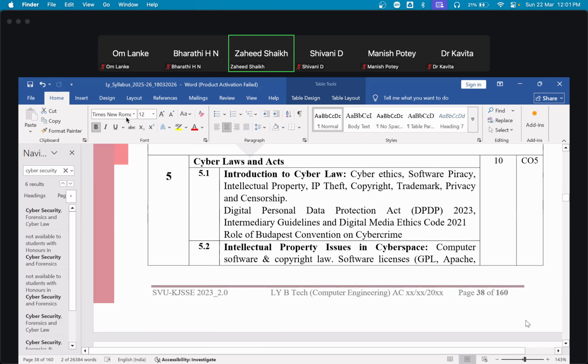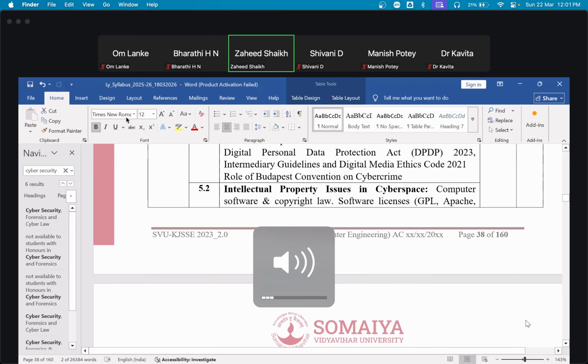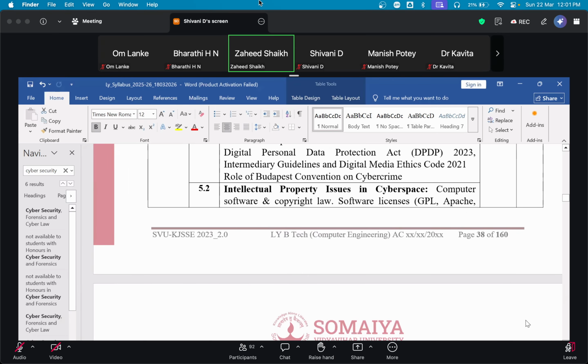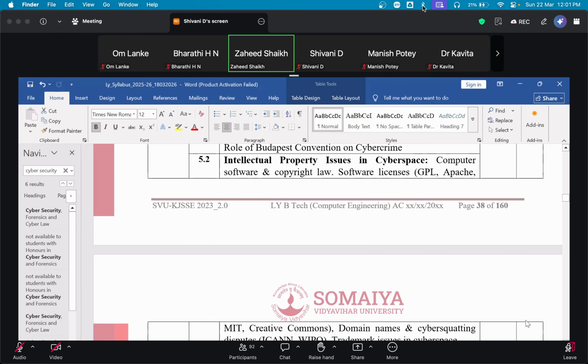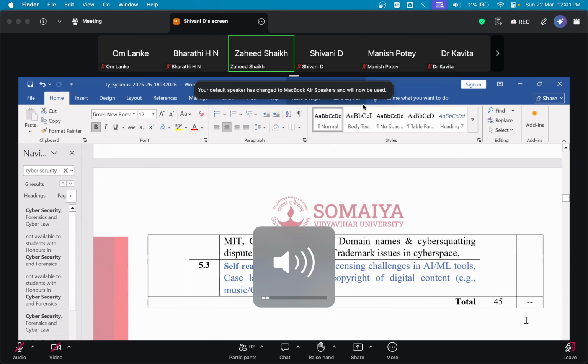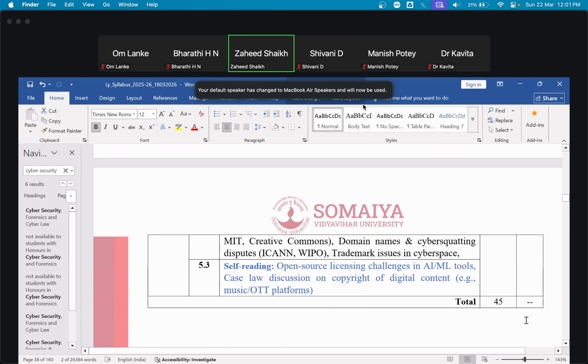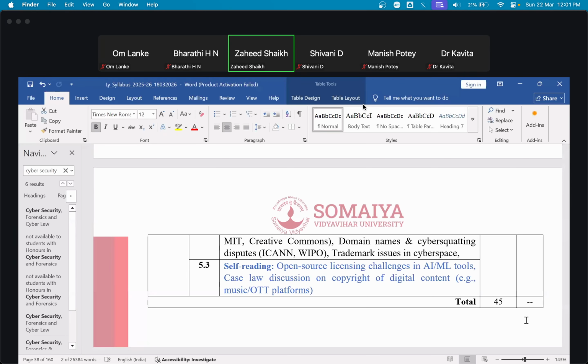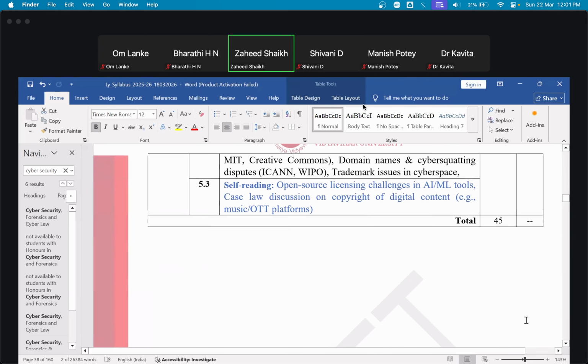We have intellectual property, IPRs, patents, and copyrights. How do we protect that as an individual or as an organization? All those aspects are covered there. And to be more precise, ICANN and such are international aspects of laws associated with cybercrime. So that is Module number 5 for you.